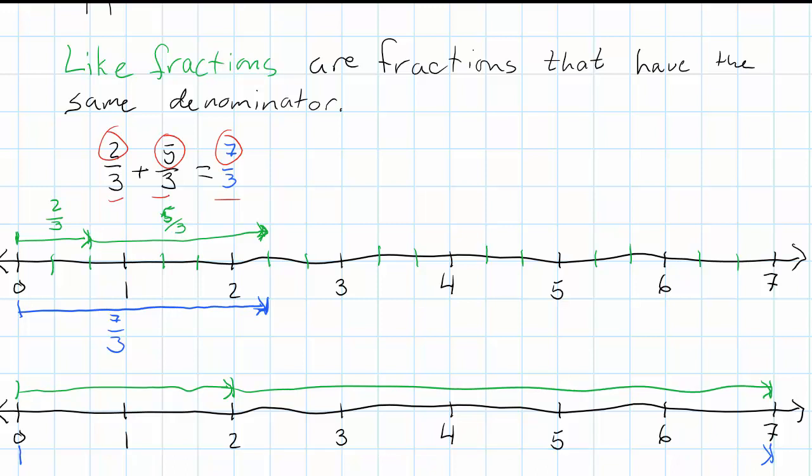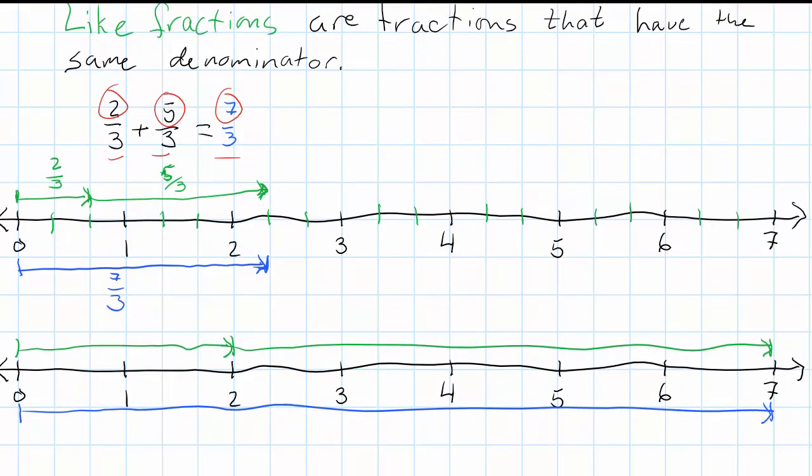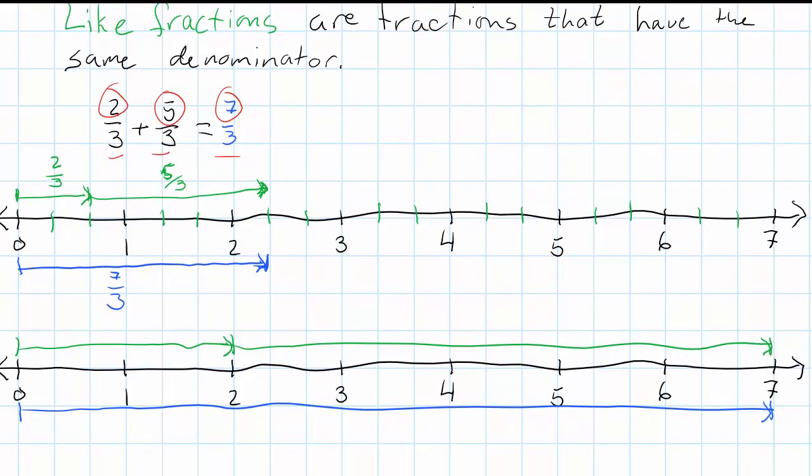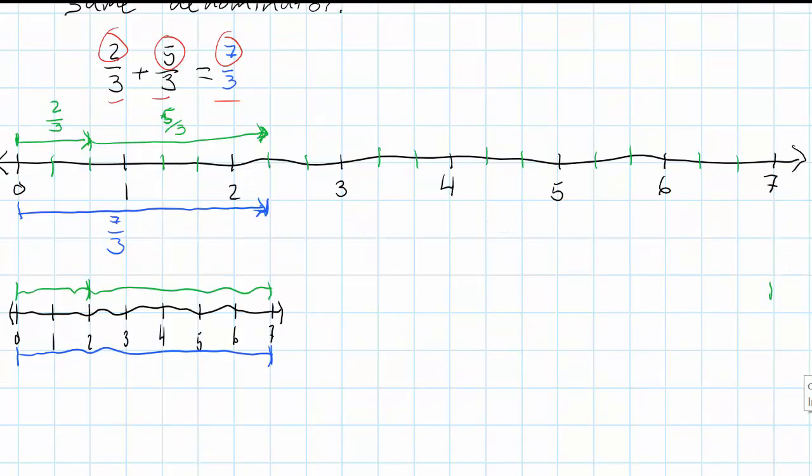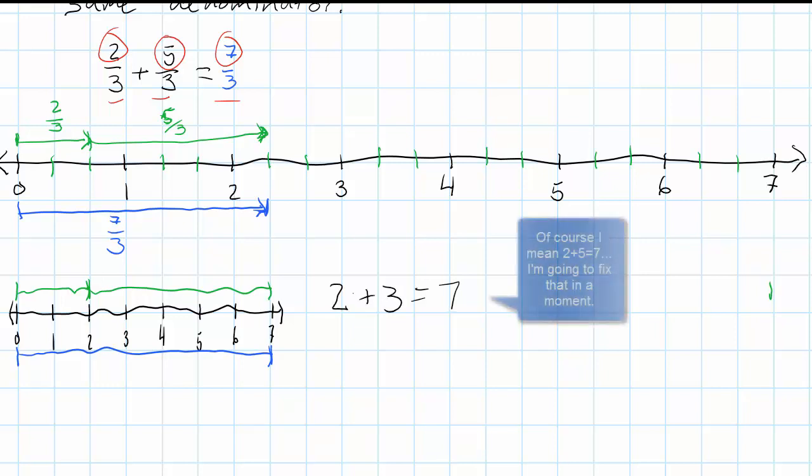Look what happens when I take this picture and just scale it down. Other than making my handwriting look really funny, what else does this show us? This shows us that the fact 2/3 plus 5/3 equals 7/3, and the fact 2 plus 5 equals 7 are really the same fact, just drawn at different scales.